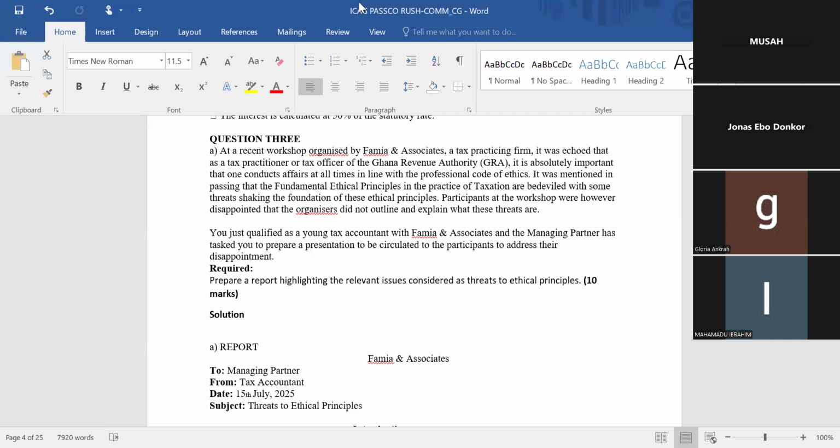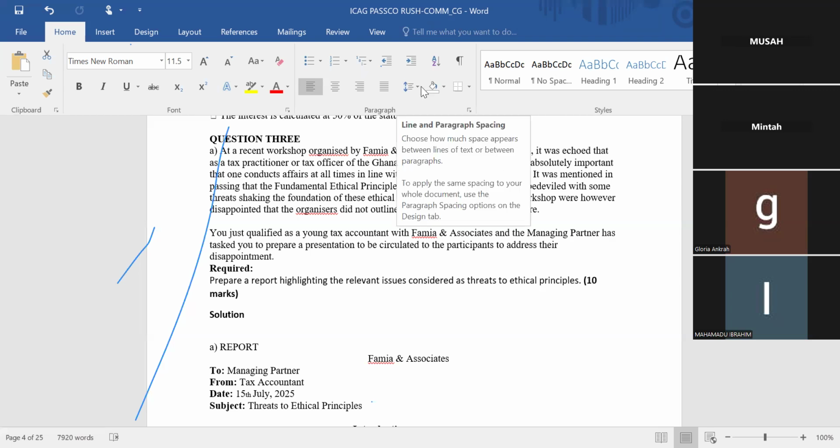Professional behavior, yes. And professional competence and due care. Objectivity. Okay, objectivity. Somebody has mentioned that. I'm talking about the confidentiality. Yeah, okay.